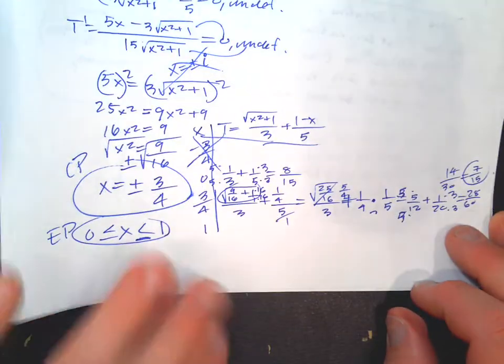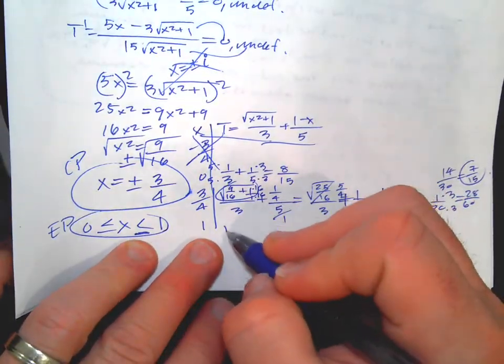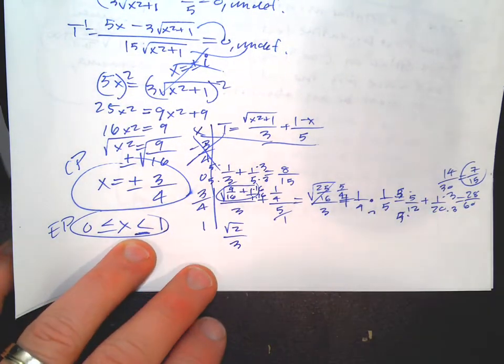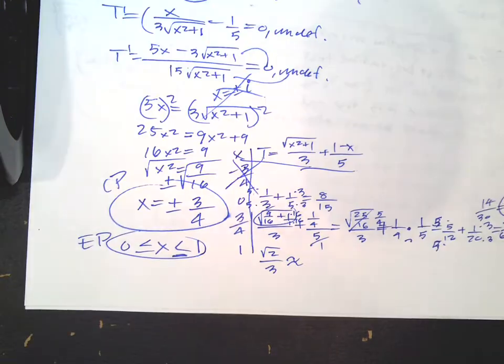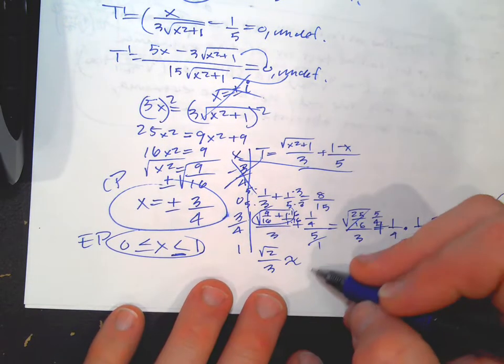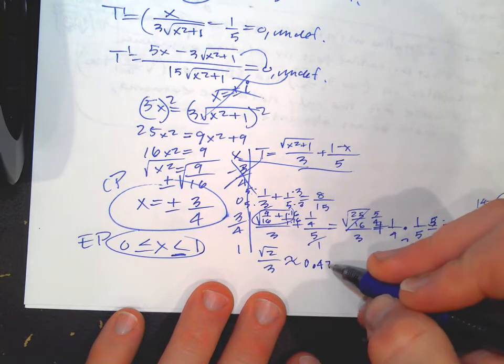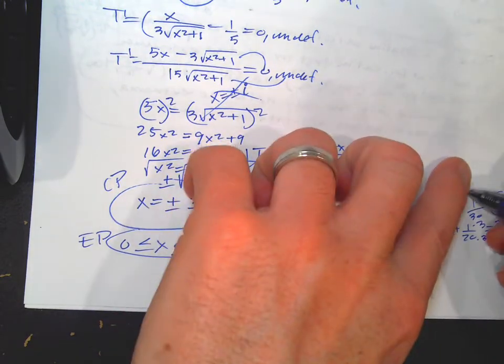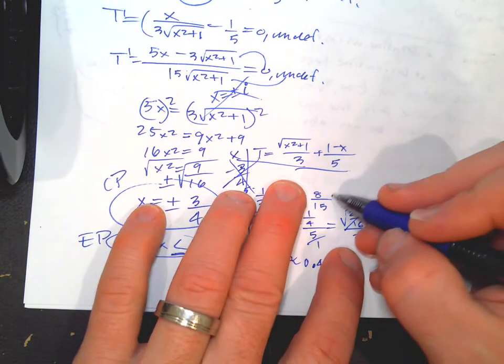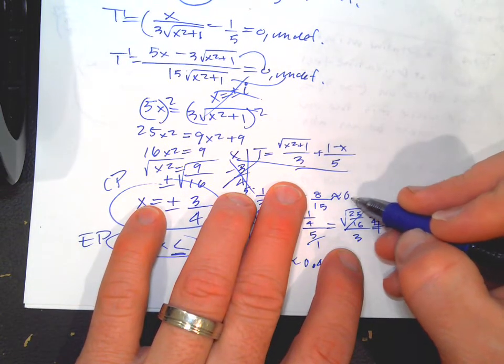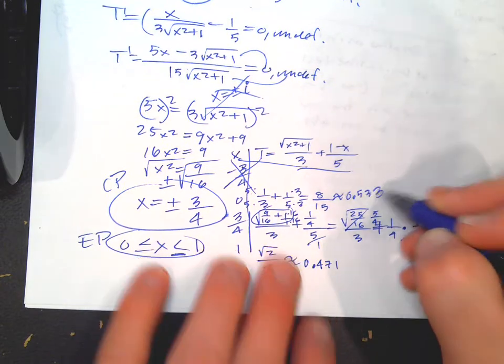So 7/15 is okay. If you plug 1 in, it's square root of 2 over 3, which is approximately, let's see, on your calc is 0.471, which is really close to this one, which is 0.467. And this is 0.533.